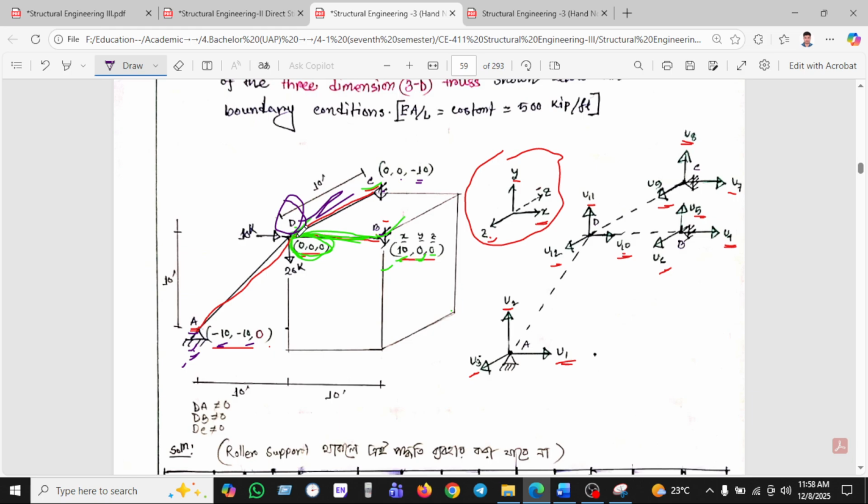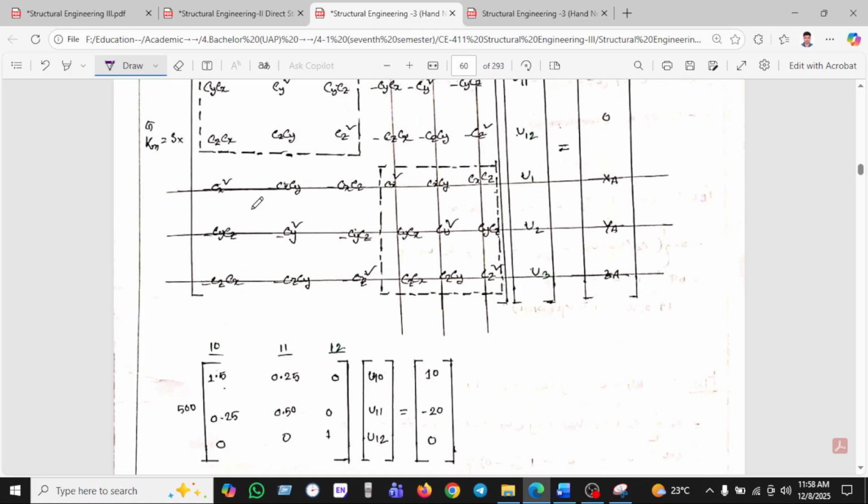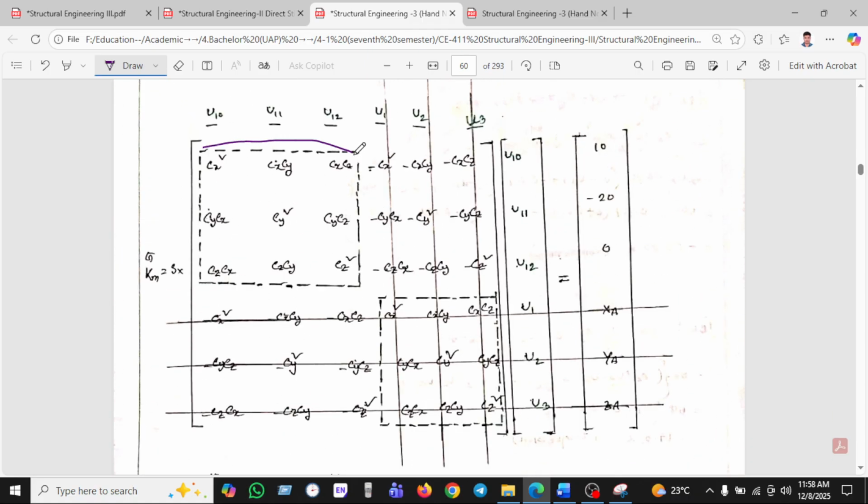Why? Because these are free. The load is applied here. The other points are restrained. They cannot move in the x direction or y direction. That's why we have taken only this portion, which is displacement 10, displacement 11, and displacement 12.